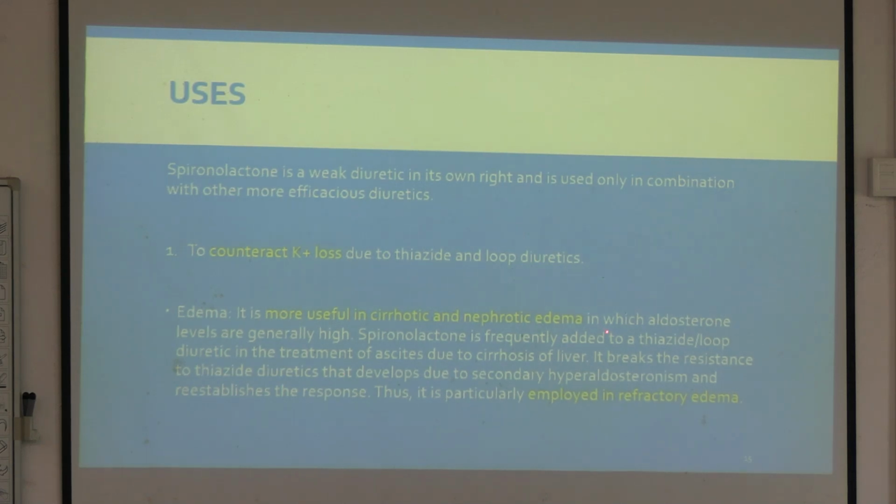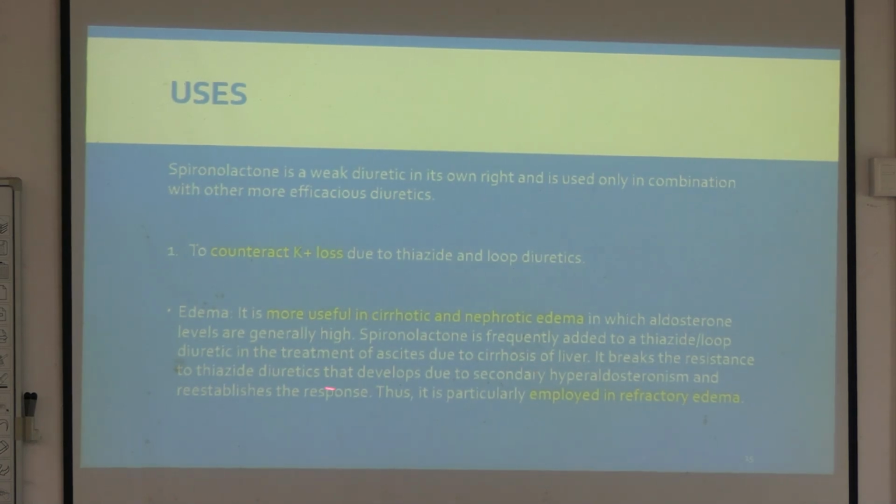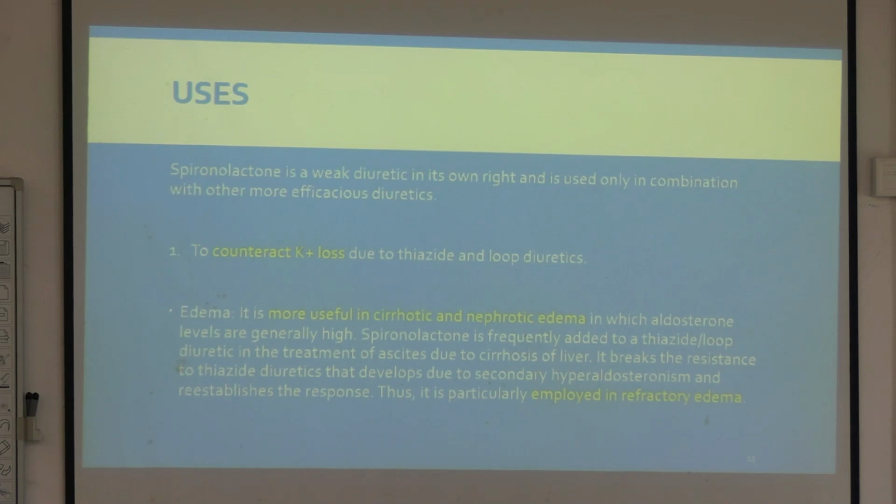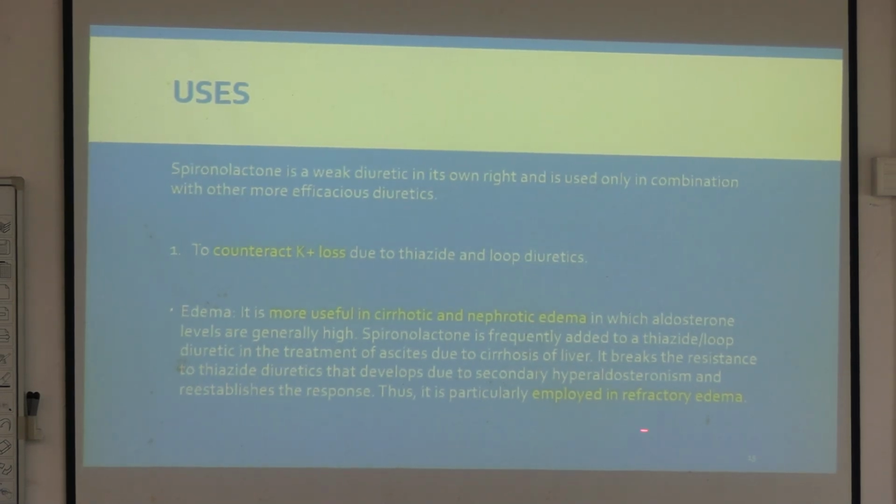So it is more useful in cirrhosis and nephrotic edema, in which aldosterone levels are generally higher. Spironolactone is frequently added to thiazide or the loop diuretics in the treatment of ascites. It breaks the resistance to thiazide diuretics that develops due to secondary hyperaldosteronism and reestablishes the response. Thus, it is particularly employed in refractory edema.